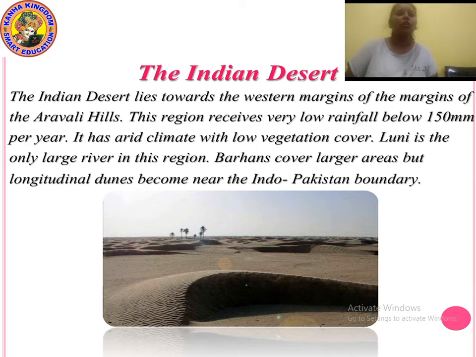There is no huge cultivation because vegetation cannot be done in this area. Luni is the only large river found in this region. River Luni is the only river found in the Indian desert.